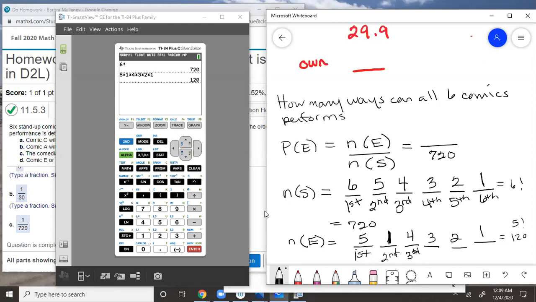So we have 120 divided by 720. That's a decimal 0.16 repeating. If we want to write it as a fraction, we press math, enter, enter, and that reduces to 1/6.